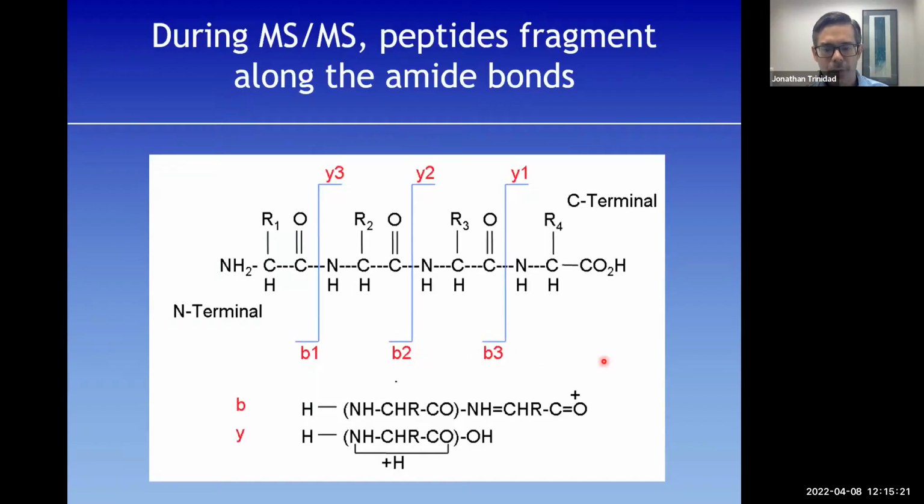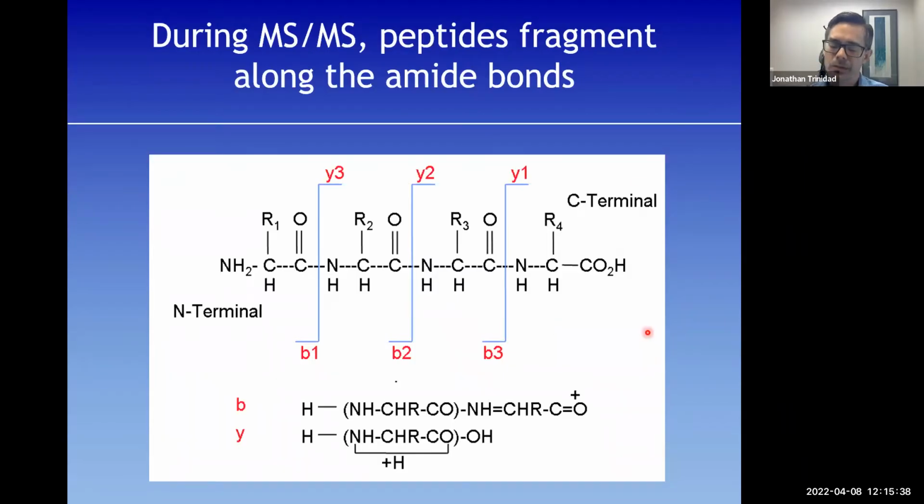And as I said, I don't want to go too much into basic mass spectrometry. I'm assuming you didn't really come here for that, but just to set the stage here, it's an example 4 amino acid residue peptide, just to show you what's going on schematically.